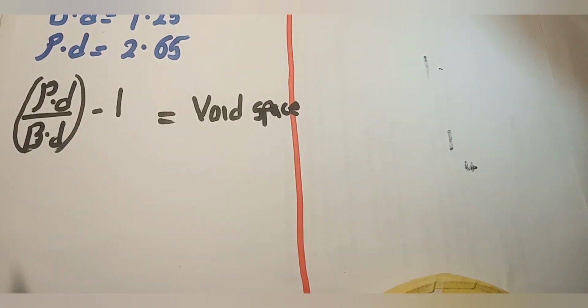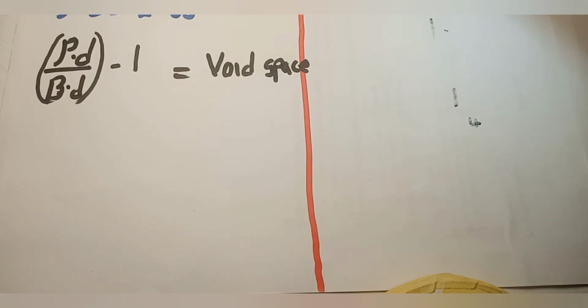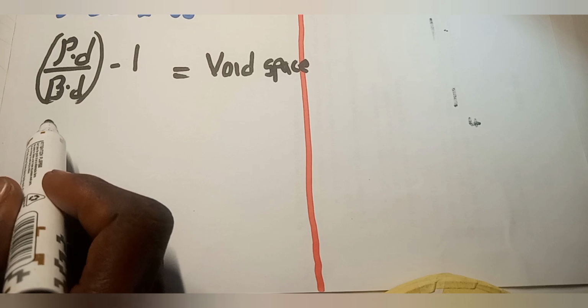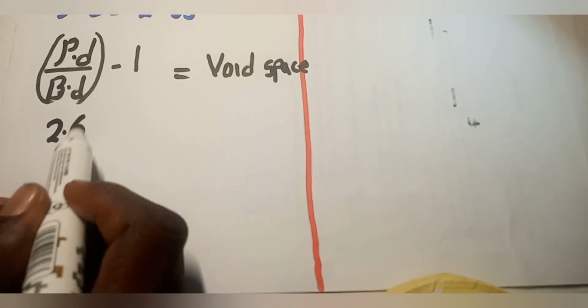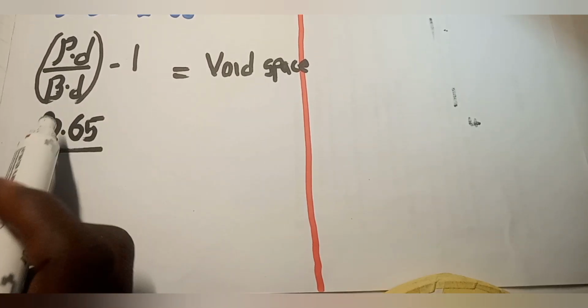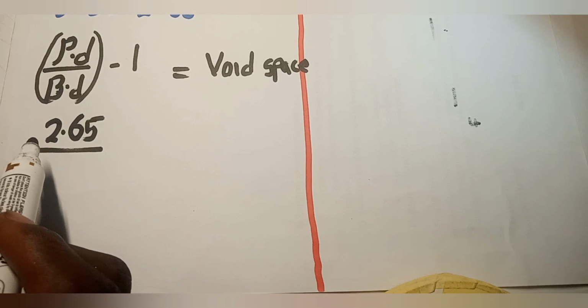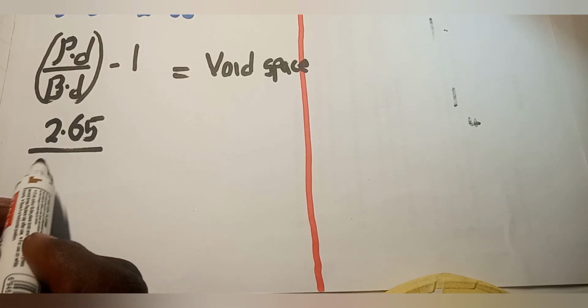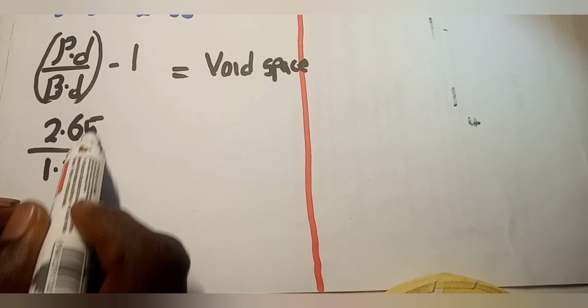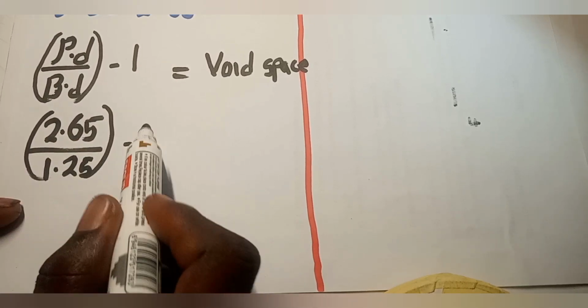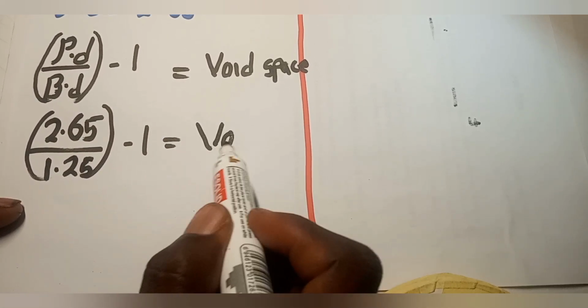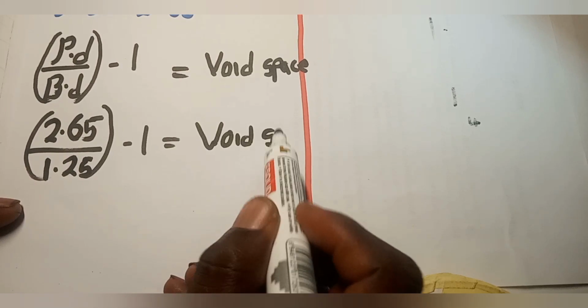So the particle density is 2.65, don't forget, 2.65 over the bulk density, which is 1.25. So we're going to have all these minus 1 equals the void space.